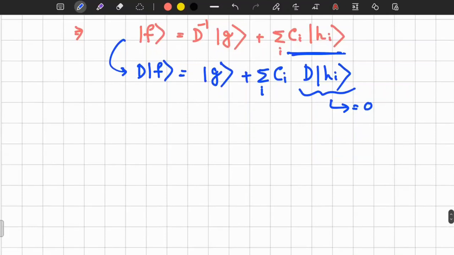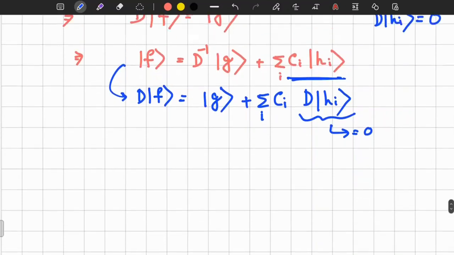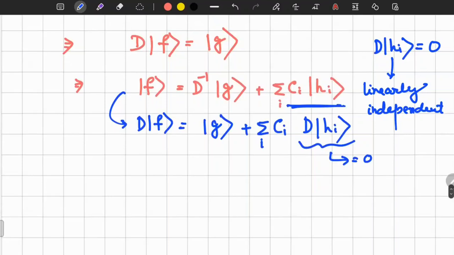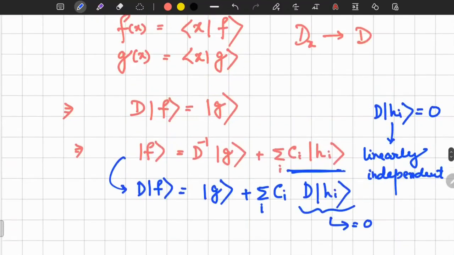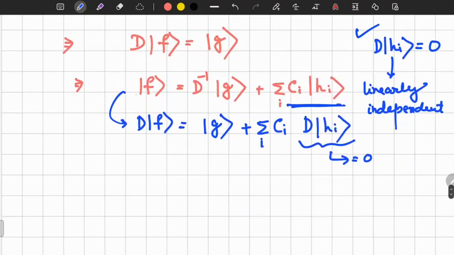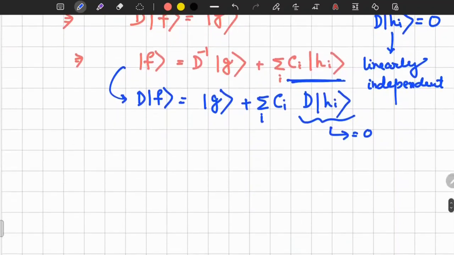The c_i are constants, the coefficients, and the h_i are linearly independent in x. If D is the differential operator d/dx, then this will be 0 anyway. So this form is the general form we can write.